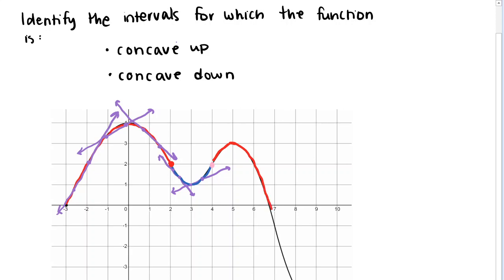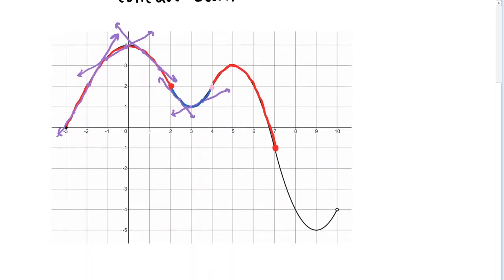And when does that change? I would say about here. Right? At that point, it starts to look like it shifts from opening downwards to opening upwards. And so here, this would be the concave up portion of the graph.